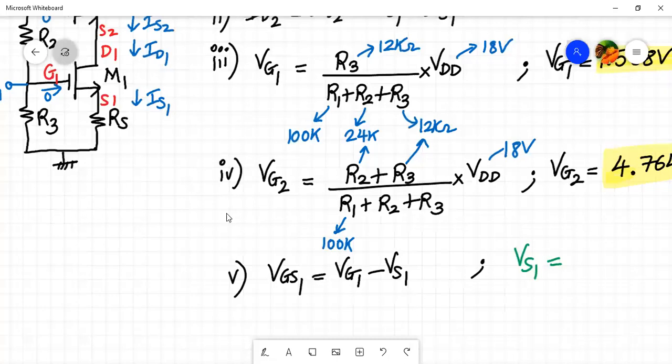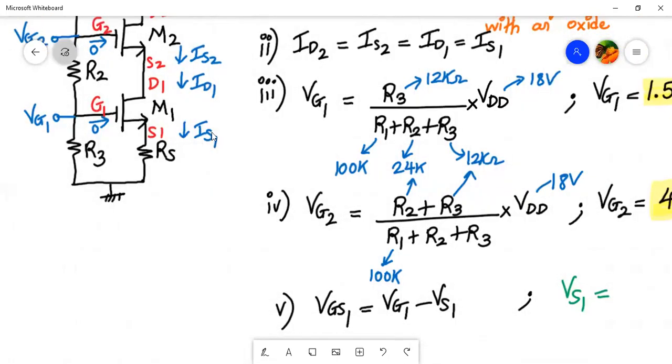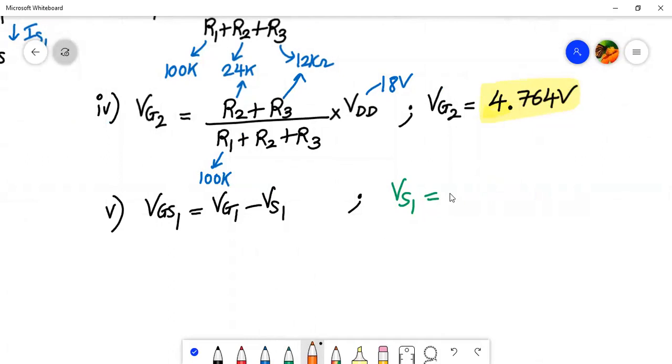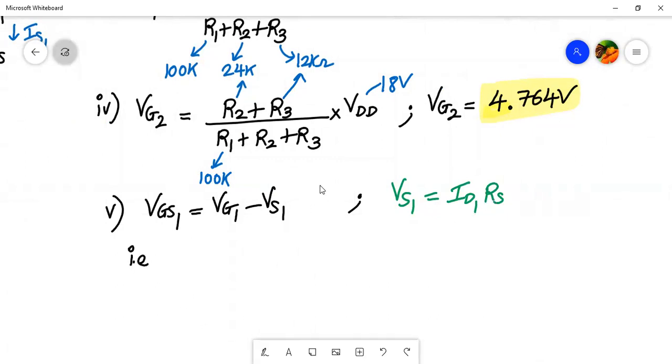What do you see? Let us check it out. Yeah, so ID1 is same as IS1. So VS1 will be ID1 into RS, right? So we'll write it in that form. Your VS1 will be equal to ID1 into RS.